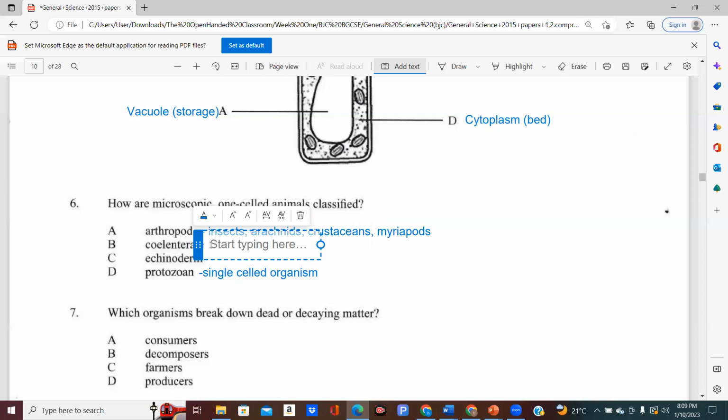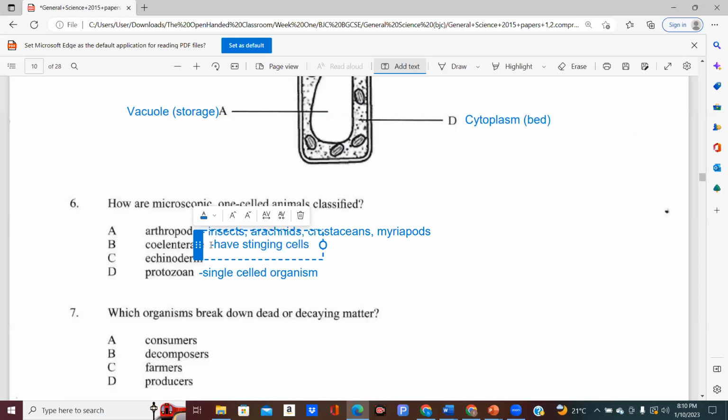Then we have the coelenterates. Coelenterates are not the same as arthropods, and they are not single cell. Single cell means one cell. Those are the ones that have stinging cells.